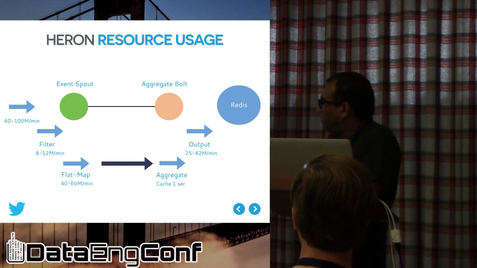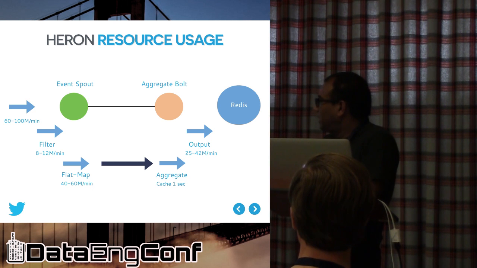The input to the spout is around 60 to 100 million tuples per minute, and they get filtered to 8 to 12 million tuples. Each tuple is blown up because the processing logic demands that it is broken down, in a flat map operation, into 5x tuples. So it increases to 40 to 60 million tuples when it comes out of the spout.